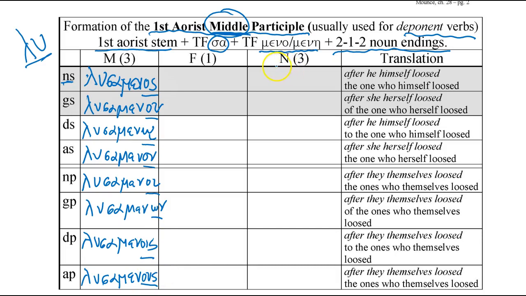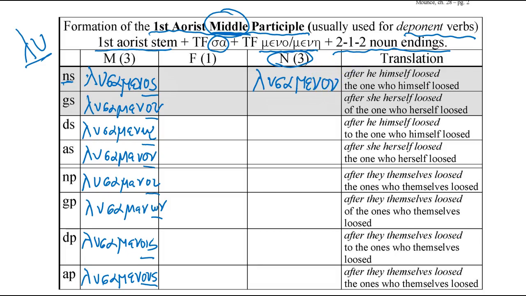So the neuter forms therefore should be relatively easy. You take the verbal root lu, add the sa tense formative, you add men, and then the ending for the second declension neuter nouns or adjectives is on.